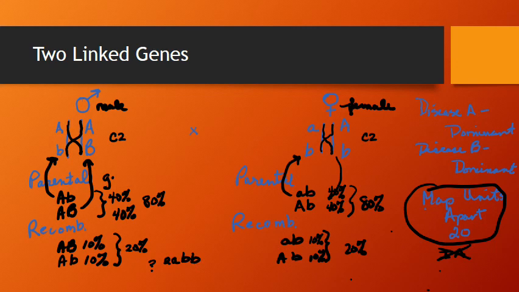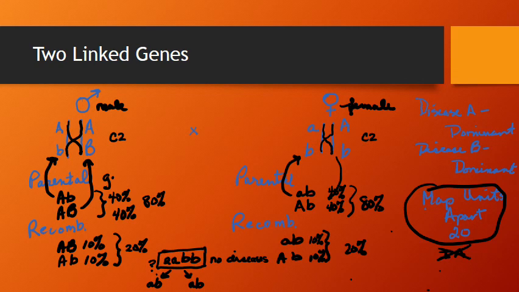In order for this genotype to arise, so no disease of either type in the child, our male would have to provide a recessive a and a recessive b, and our female would need to provide a recessive a and a recessive b.